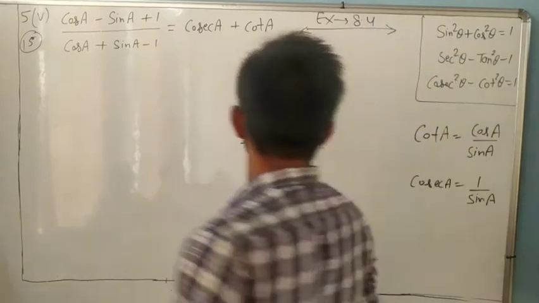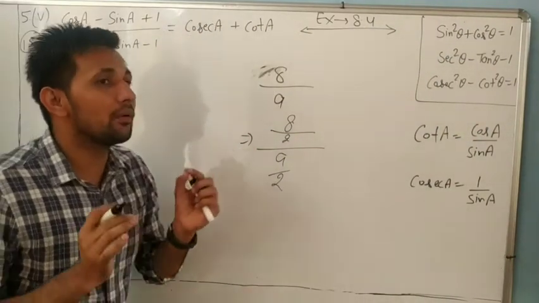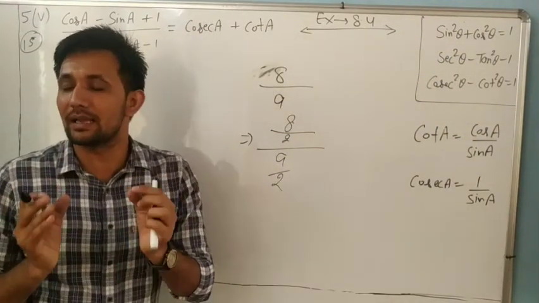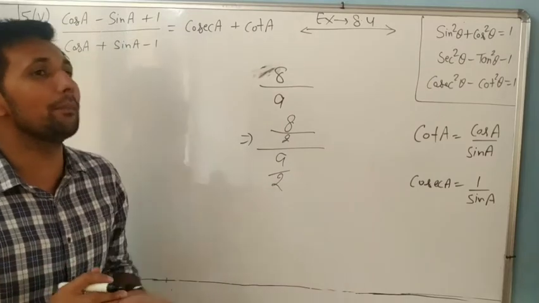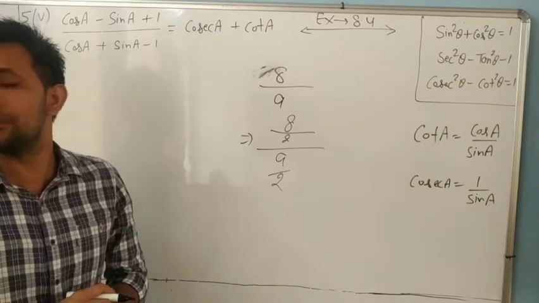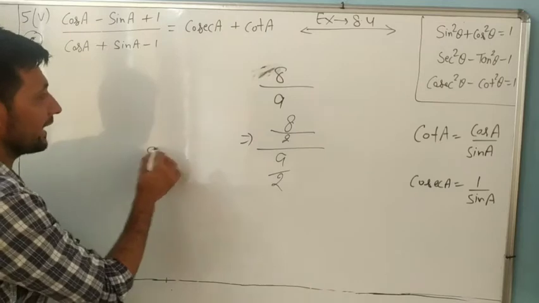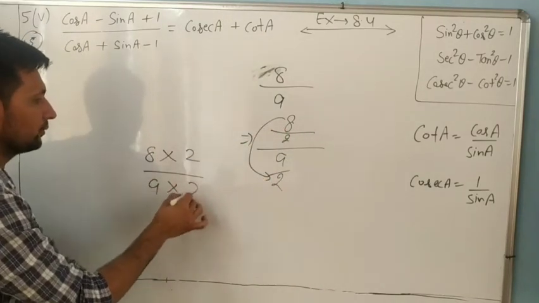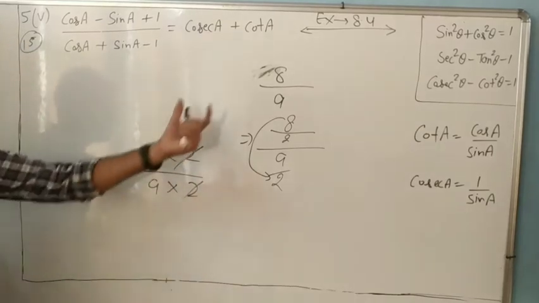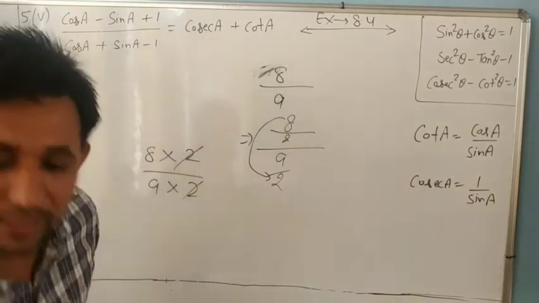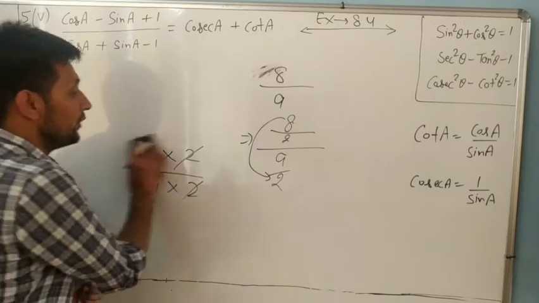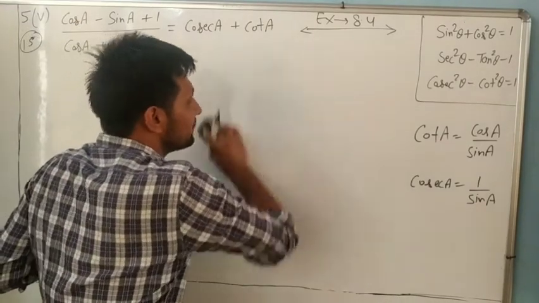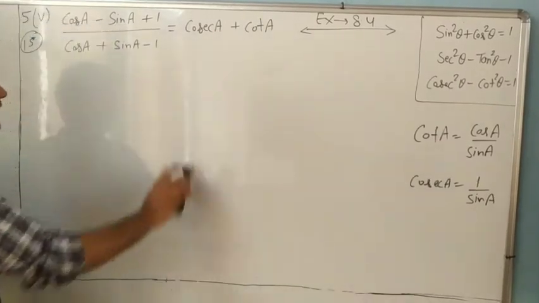Whenever we add, subtract or multiply by the same number, the answer will not be affected. Look, we can write 8 by 9 as 8 into 2 and 9 into 2; 2 cancels 2 again, giving 8 by 9. Understand? So we can divide numerator and denominator by the same number. The answer is not affected.